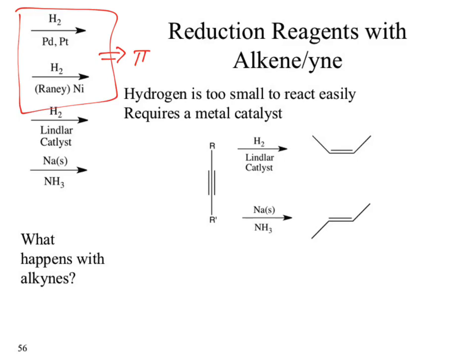Okay? If we look at the next one, the sodium with the ammonia. That one's got to be doing something really weird. Okay, we've got sodium as a solid. That's odd. It can only give up one electron, so it's a radical. That's odd. The only source of hydrogen is a positive hydrogen, at best, from our ammonia.